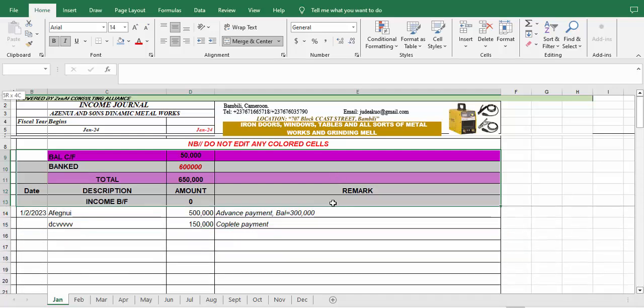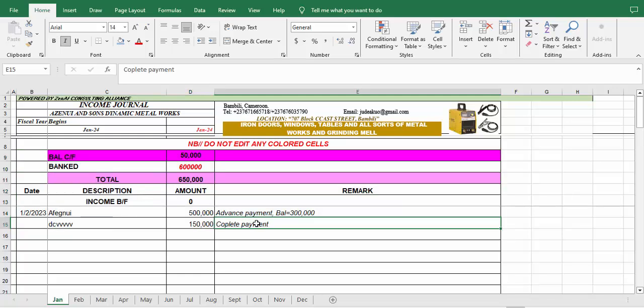I think that is it with the income journal. The income journal is monthly, but the invoice is not monthly. It is done as you receive clients requesting for an invoice. When a client requests an invoice, you produce the invoice, print it, give it to the client, and keep your own copy.